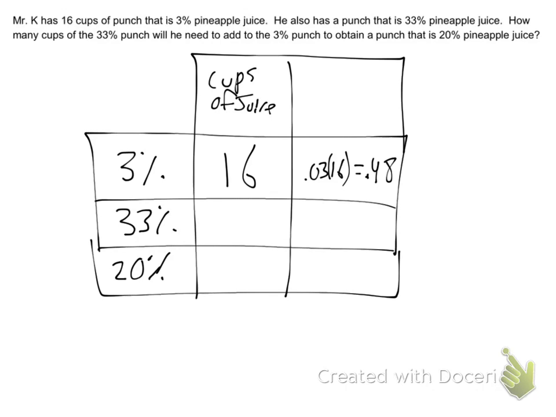Now, if I did the same thing with finding how much 33% was, what would have to be true about these two columns and the final one? They have to equal each other, because the amount of pineapple juice in one juice added to the pineapple juice in the other juice will have to equal the amount of pineapple juice in the whole entire mix.